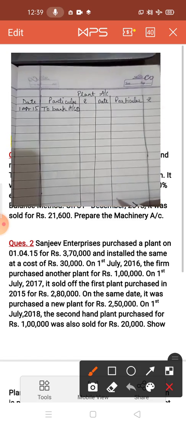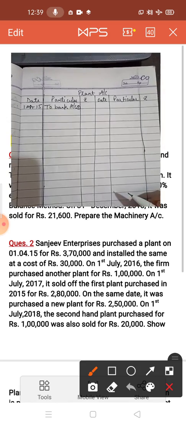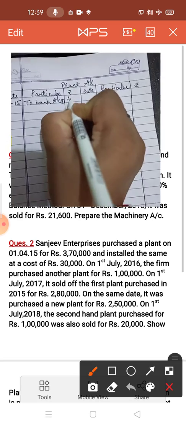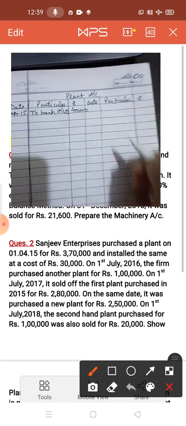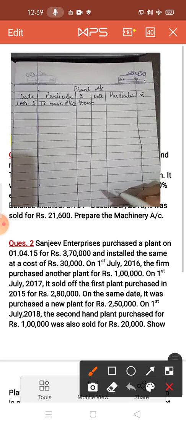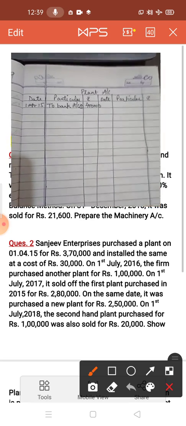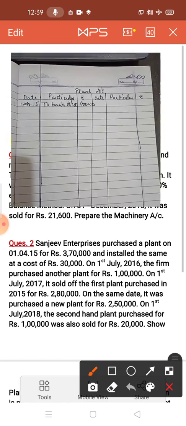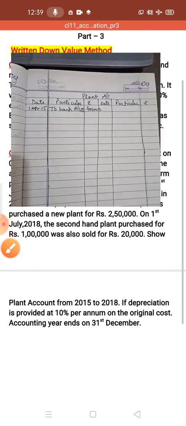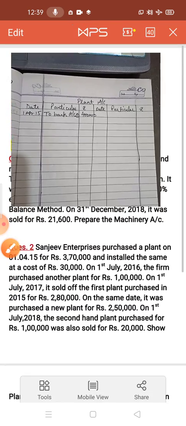Put numbering also because there are so many plants. So on 1st April 2015 you purchased the plant for rupees 4 lakh. 3,70,000 plus 30,000, it is 4 lakh. And the account is closed every year on 31st December.